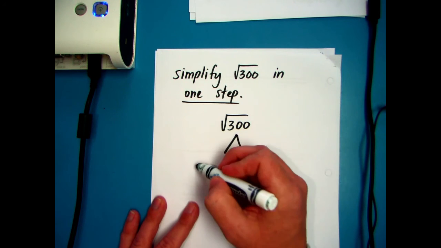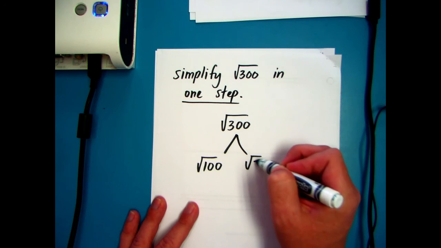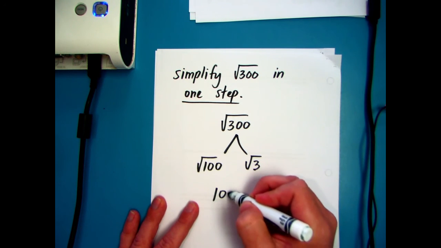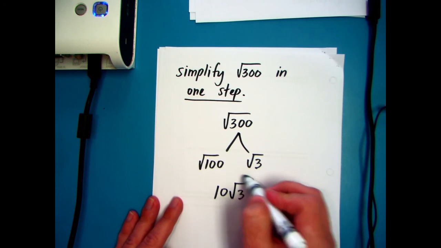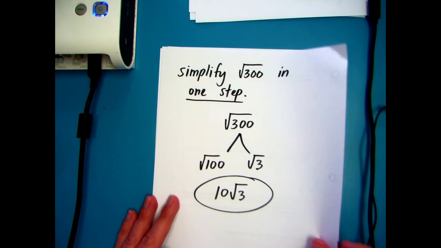That would be 100. So my factor tree looks like this. The square root of 100 is 10. Square root of 3 is a dead end in terms of simplifying. So my final answer would be 10 root 3.